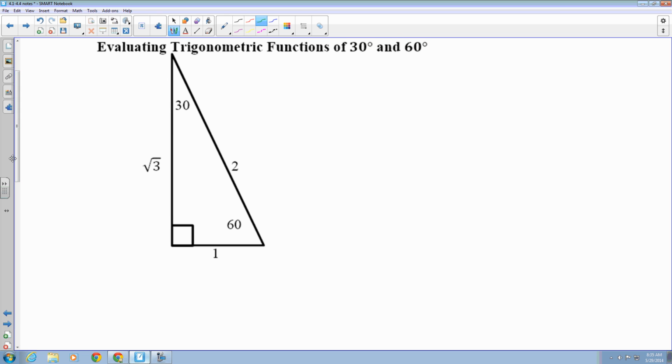And again, we'll do 30 and 60. Let's start with 60. Sine of 60 would be the square root of 3 over 2. Cosine of 60 would be 1/2. And tangent of 60 is square root of 3.